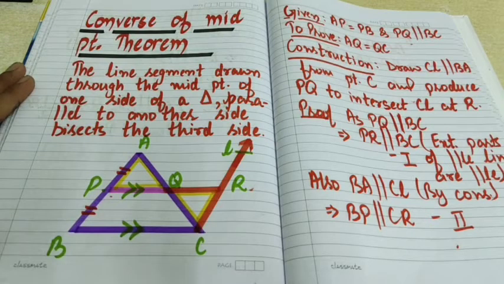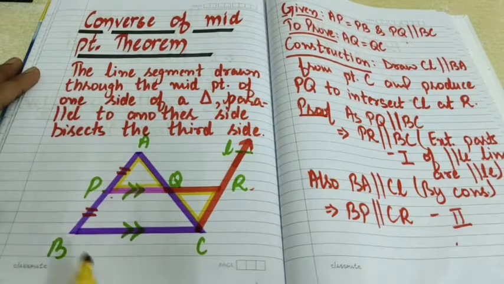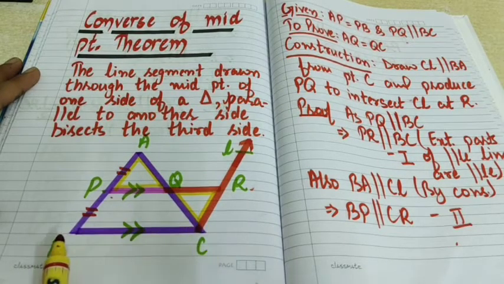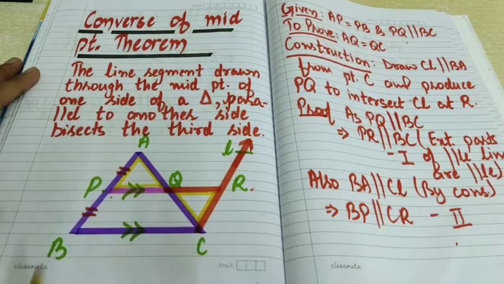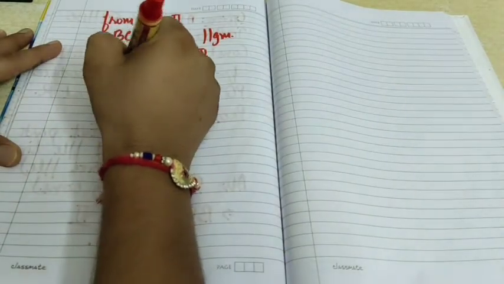Now students, we have proved that BP is equal to CR, but it is given that BP is equal to AP. So here we mention that as well, BP is equal to AP.